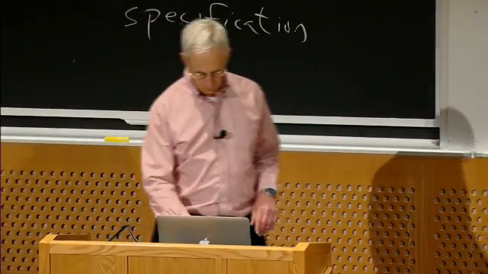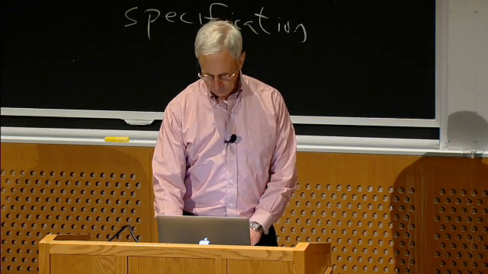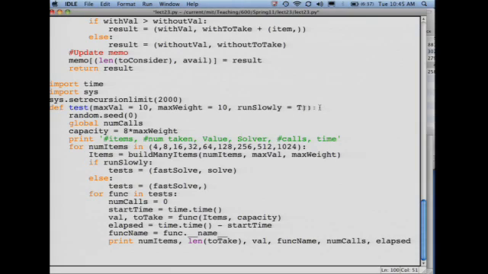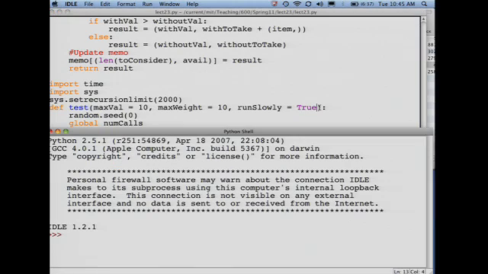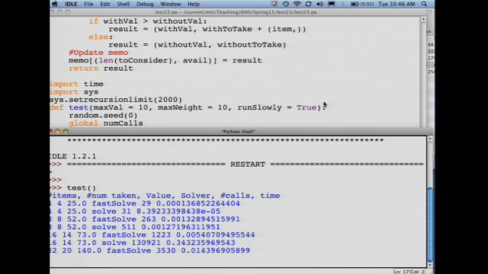So let's start with this equal to true. So in that case, we'll test both of them, and let's see how we do. So it's chugging along.